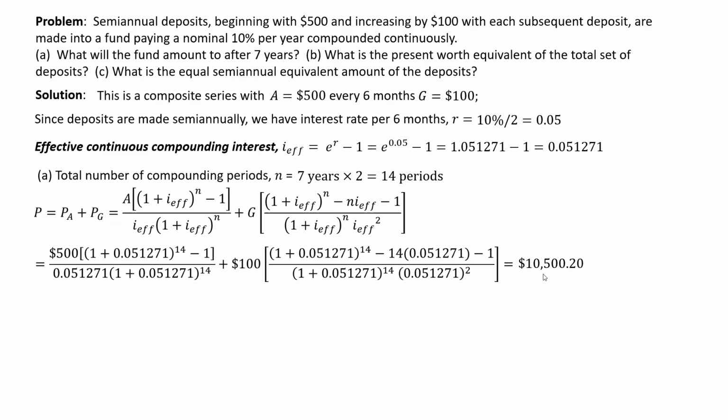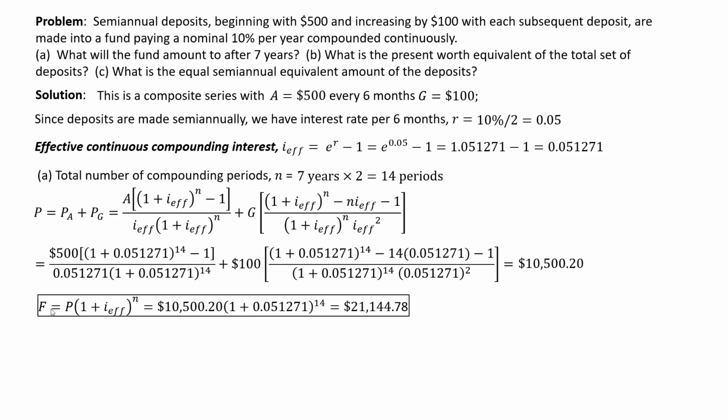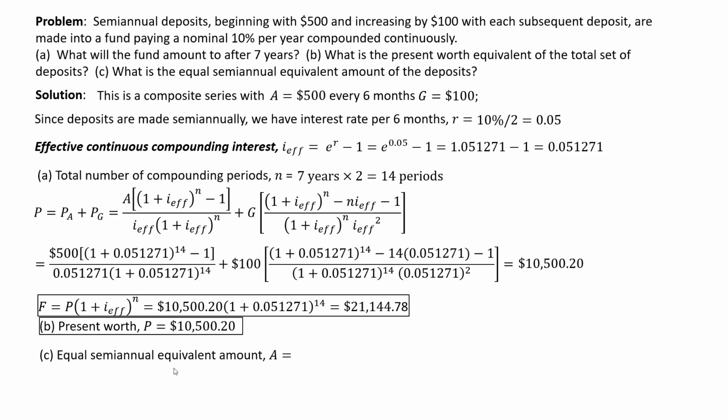Cool. Now the future worth is simply projecting it forward by n periods, and n happens to be 14. That is $21,144.78. And the present worth is 10,500. For the equal semi-annual equivalent amount A, we take P times i effective, all of this over that.